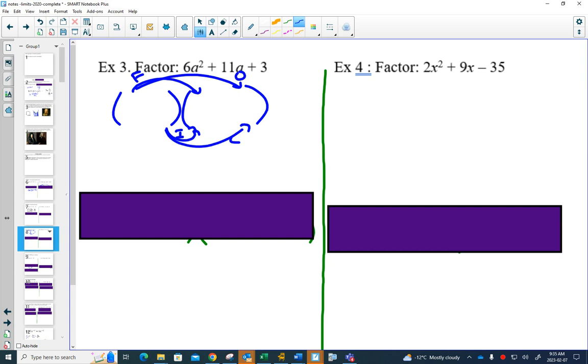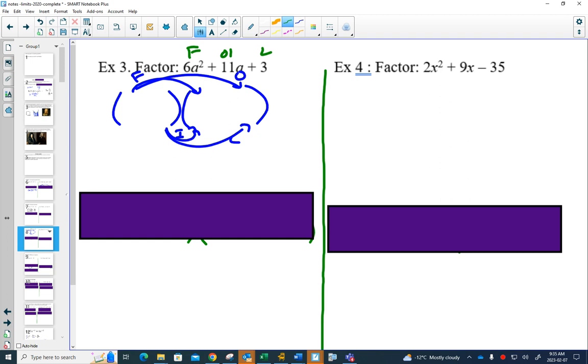It's not really a big deal. But something interesting happens that in the FOIL part, the first ones always end up being your first term. The last ones always end up being the last one. And your outside and inside become like terms that need to be combined to the middle.